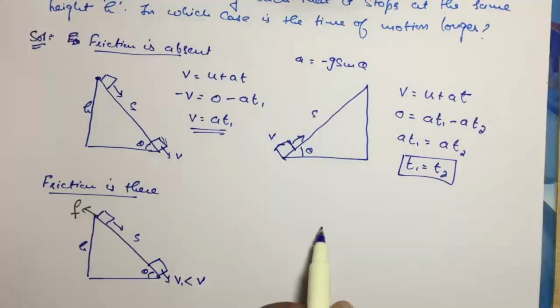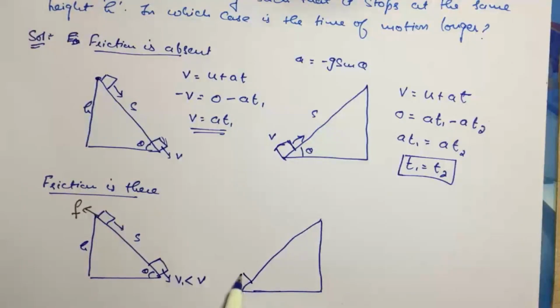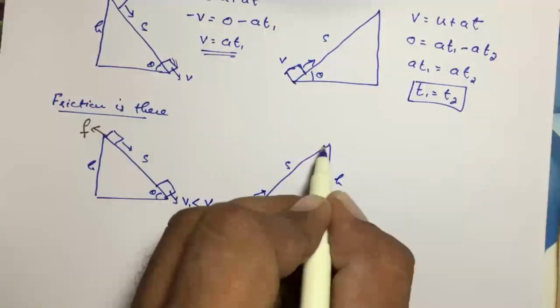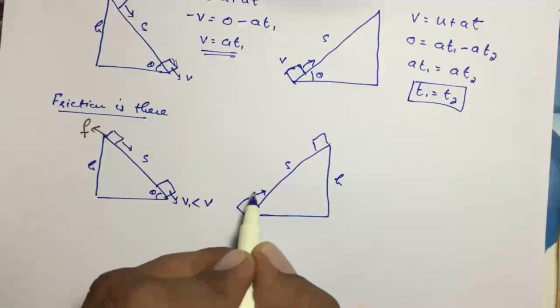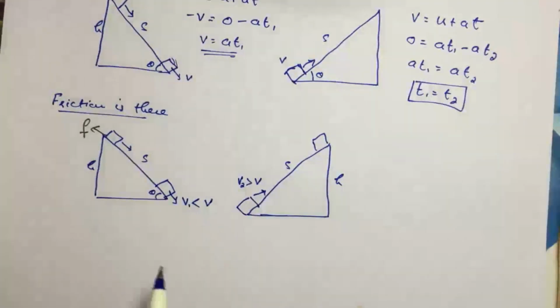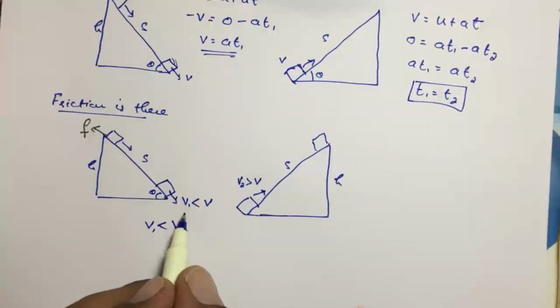Now the body is moving upward, and to go up the same distance s, the initial velocity should be v2, which should be greater than v. So we can say that v2 is greater than v, which is greater than v1.